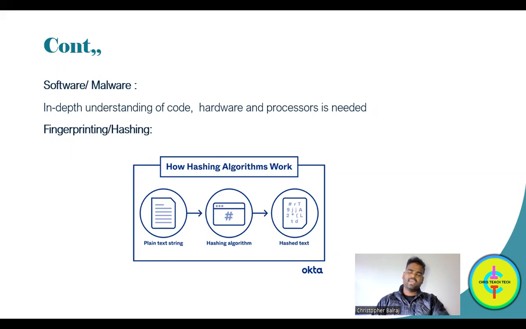And then hashing. In order to secure your data which is in the hardware or in the software, you can use a hashing function. As you can see in the diagram, plain text is given as the input to a hash function or hash algorithm, and it will generate a hash text.